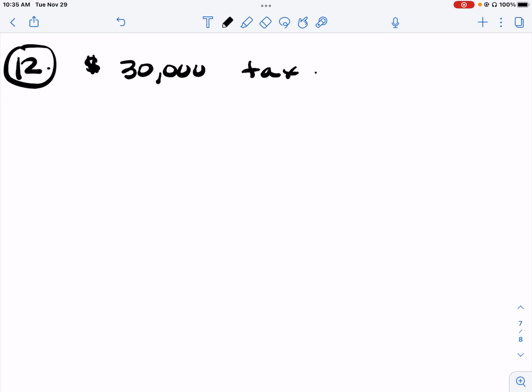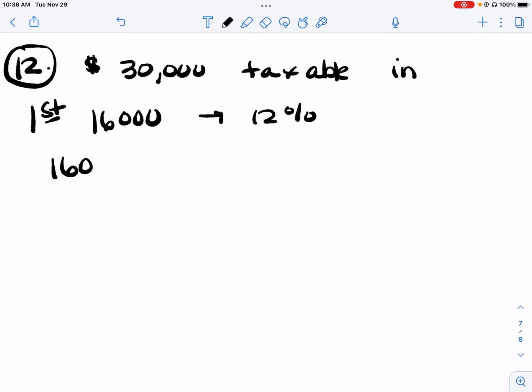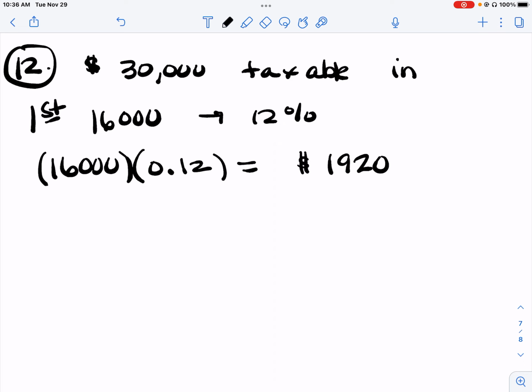Okay. Number 12, somebody's taxable income is $30,000. The first $16,000 is at 12%. So 16,000 times 0.12 is 1920.